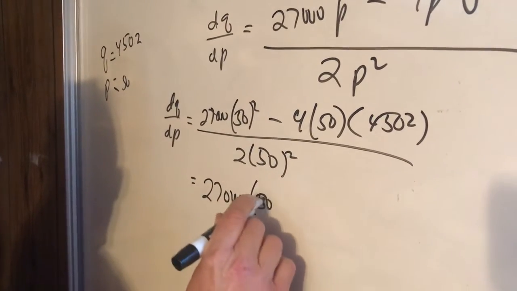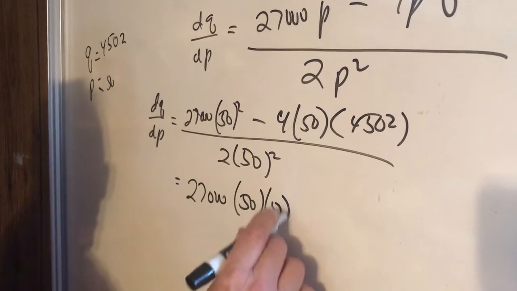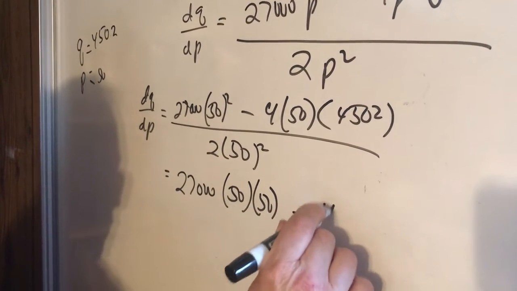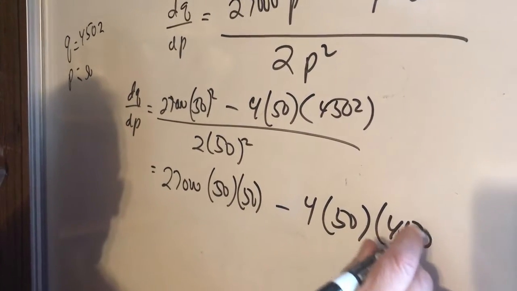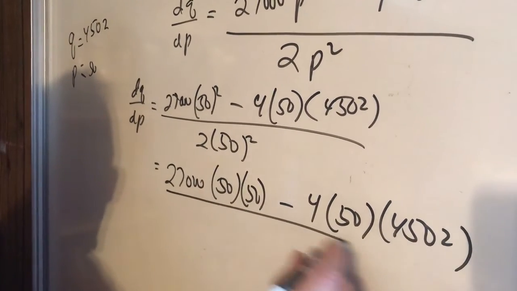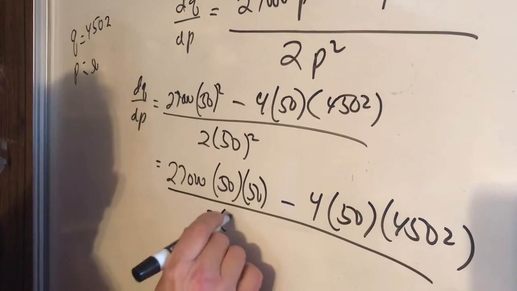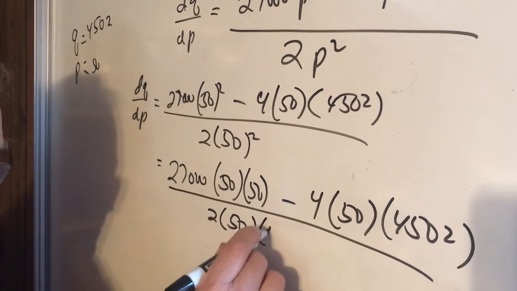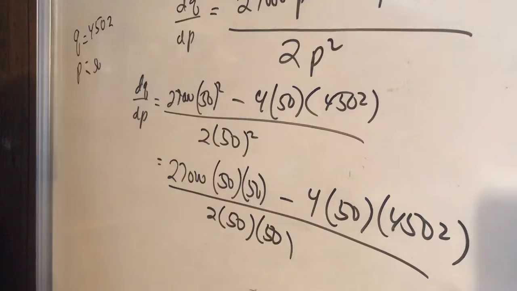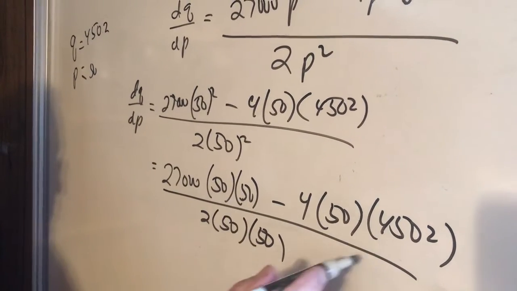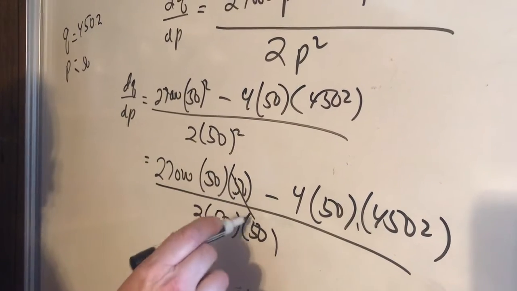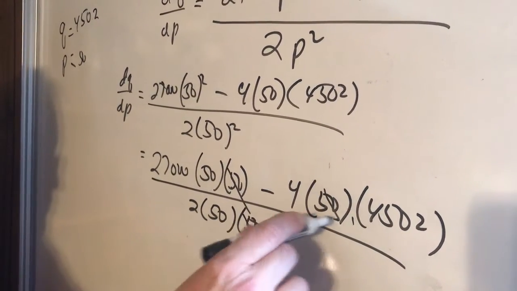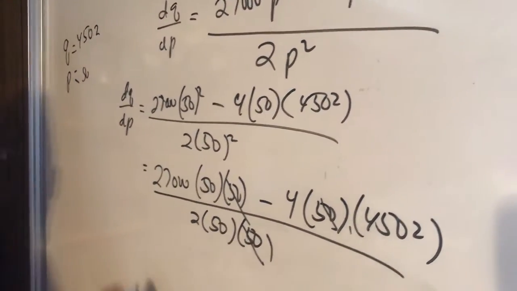You can make 50 squared 50, and this is 4 times 50, and you can make this 2 times 50 times 50. Notice you have a 50 in this term, a 50 in here, so you can subtract 1 from there and 1 from there.